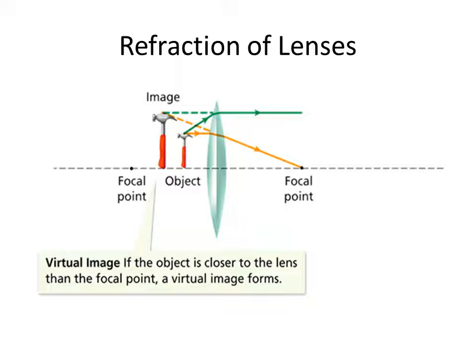So if the object is closer to the lens than the focal point, a virtual image forms in the case of a convex lens.